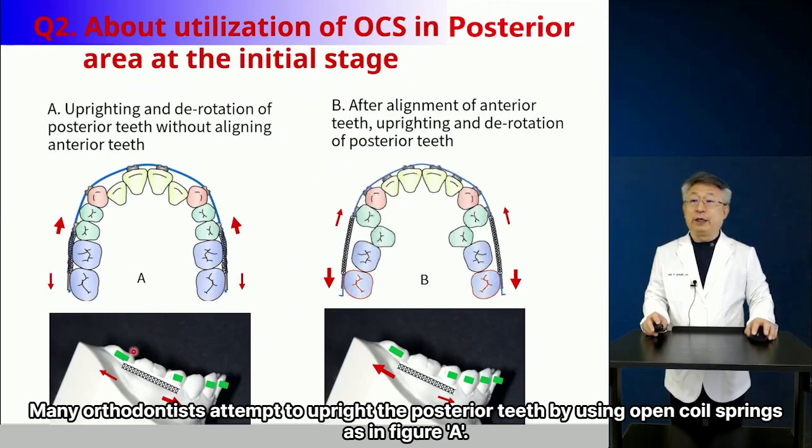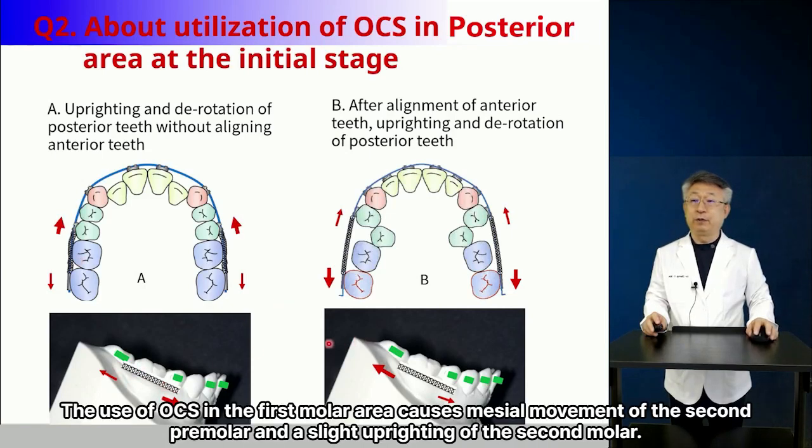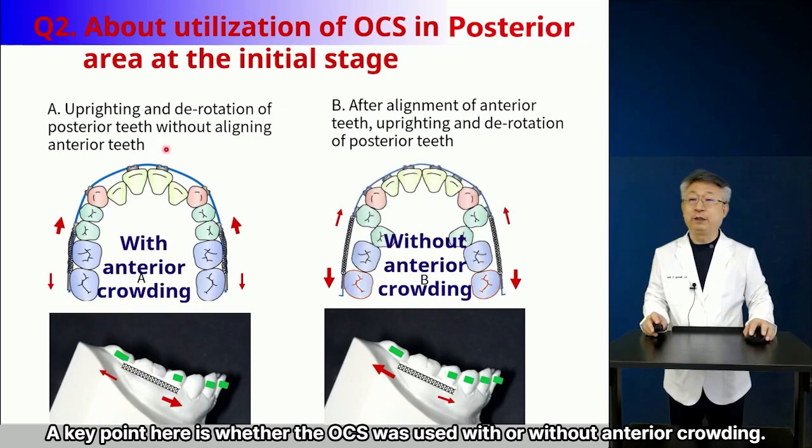Many orthodontists attempt to upright the posterior teeth by using open coil springs as in Figure A. What is the difference between Figures A and B? The use of OCS in the first molar area causes mesial movement of the second premolar and a slight uprighting of the second molar. A key point here is whether the OCS was used with or without anterior crowding.